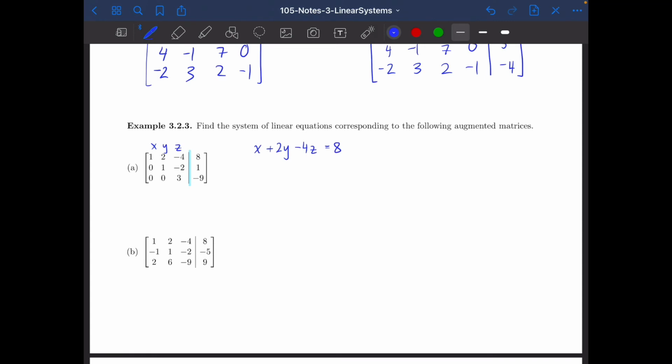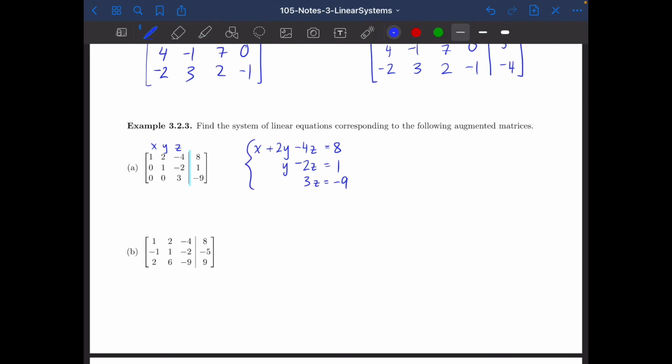Second equation will be 0 times x plus 1 times y. So y minus 2 times z equals 1. And finally, the last equation will be 0 times x plus 0 times y plus 3 times z equals -9.